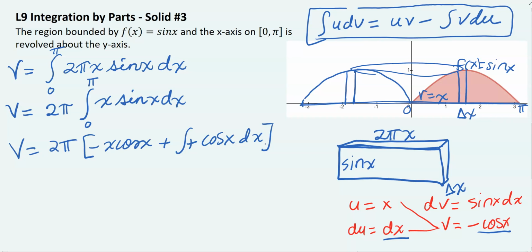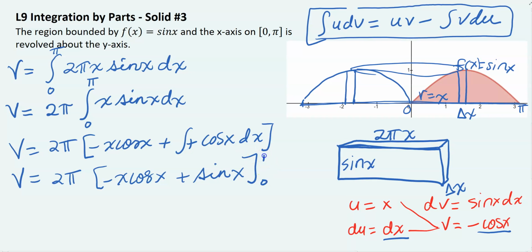And once we take the integral, we will evaluate from 0 to pi, but let's just go ahead and finish the integral here. So 2 pi times negative x cosine x plus sine x. The integral of cosine is sine, and we are evaluating it from 0 to pi, right?